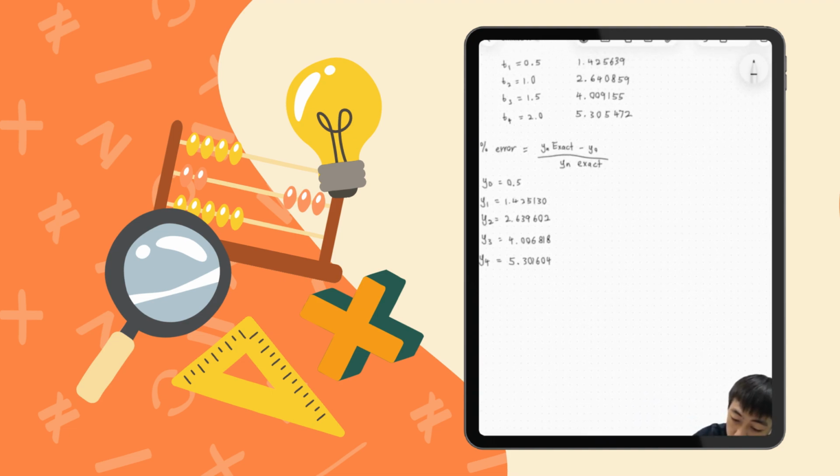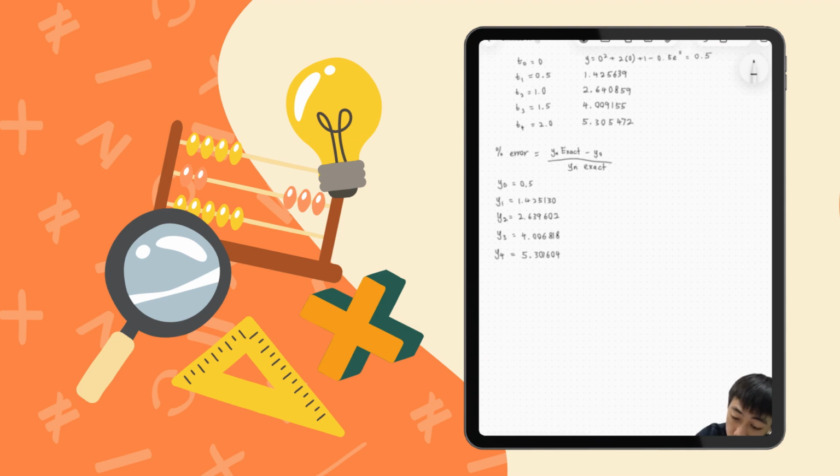Now we substitute the values into the formula.